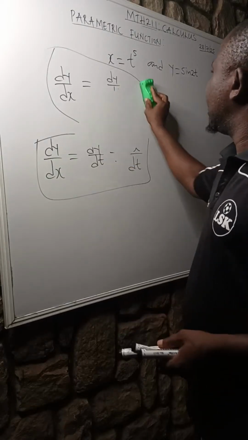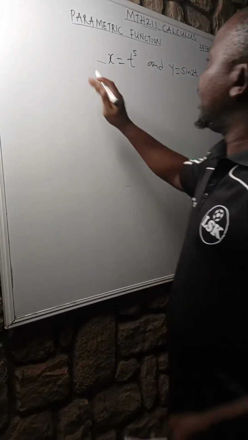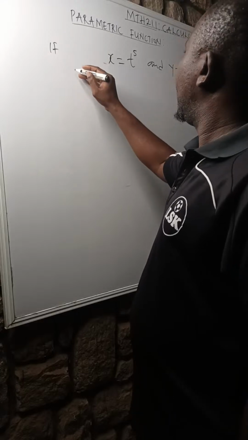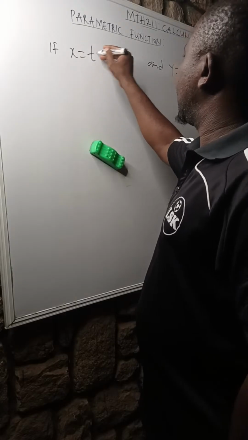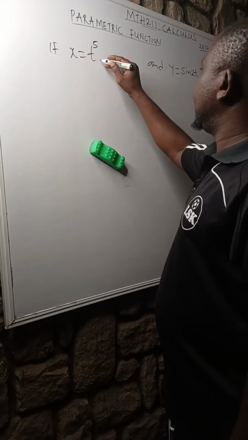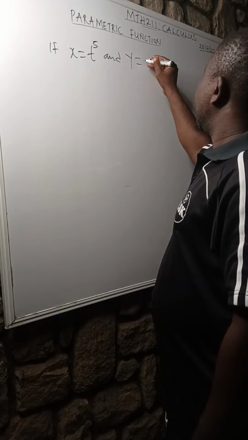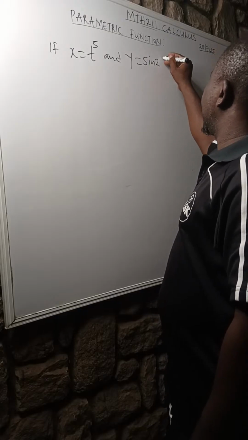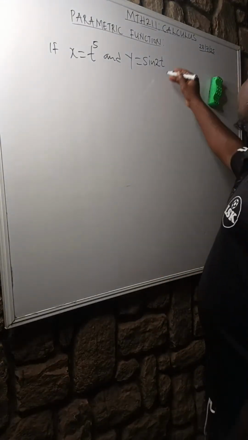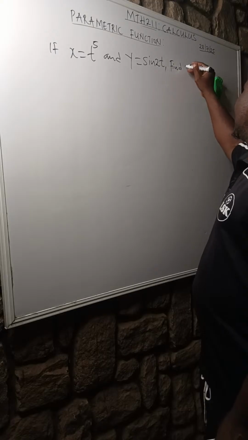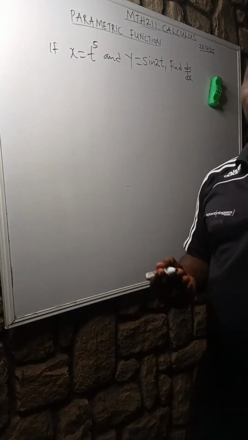If x equals t raised to the power 5, sorry, and y equals sine 2t, find dy/dx. It is as simple as ABC, true or false.